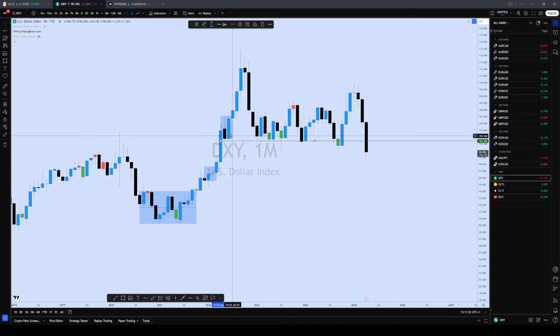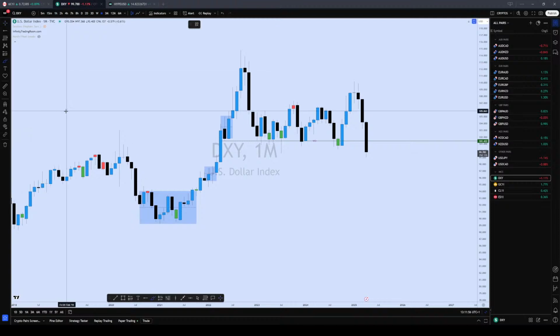Okay, and this is on the monthly time frame. 2023, 2024, all that price was doing was just a consolidation. And this is a normal price action that price usually does when we break market structure.